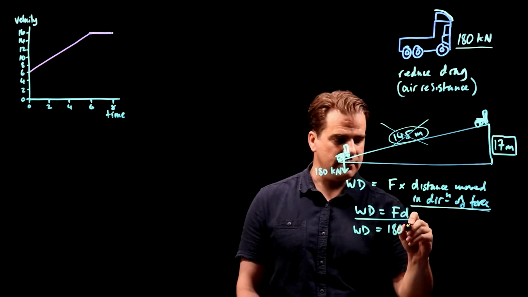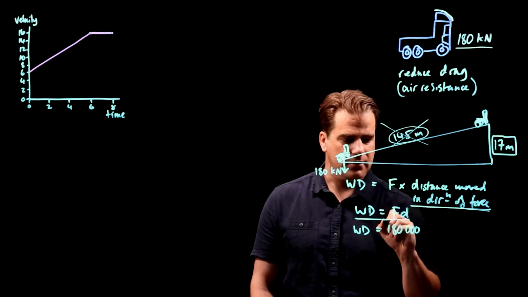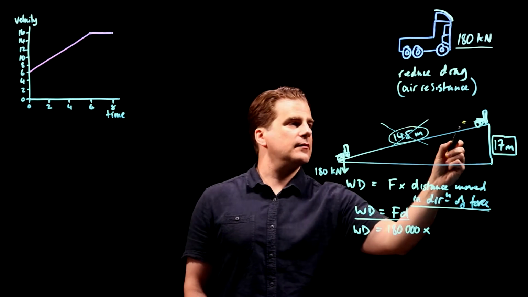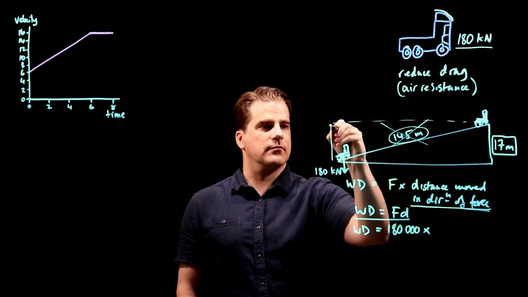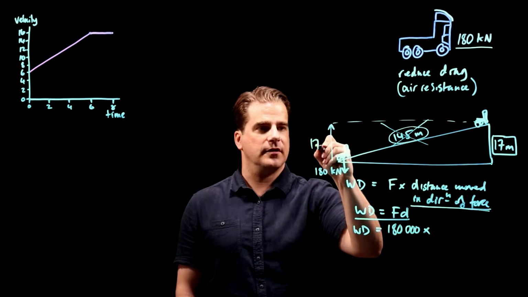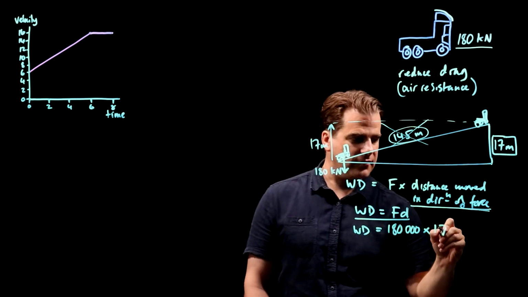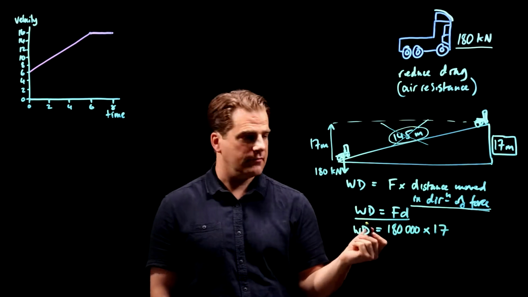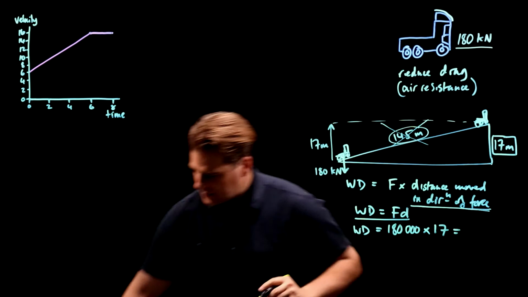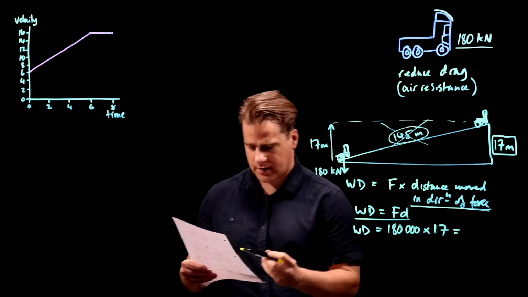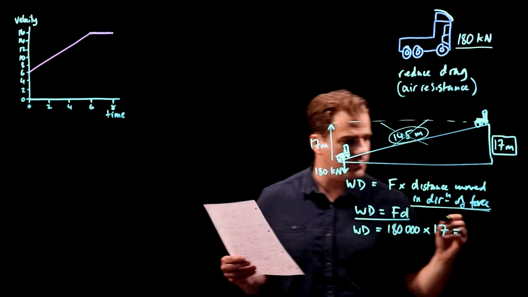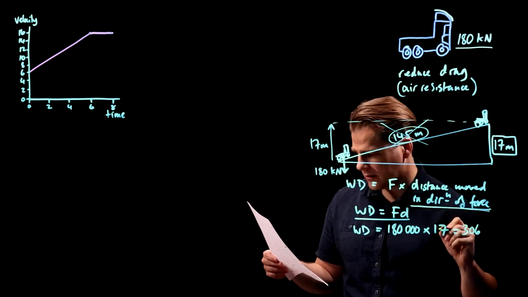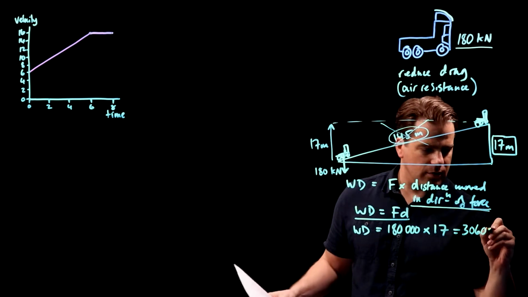We'll convert into newtons now, times the distance, and it moves through a distance of 17 meters. Times 17, and that's the work done against gravity. Stick it in your calculator, and that turns out to be 306,000.